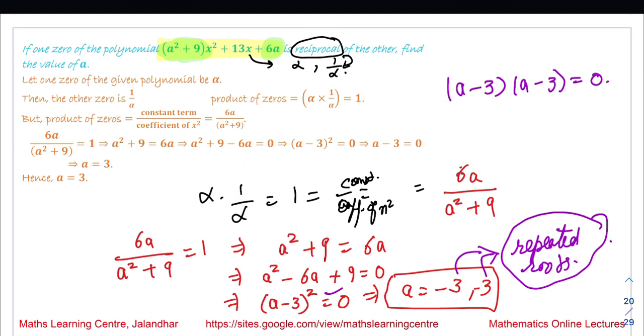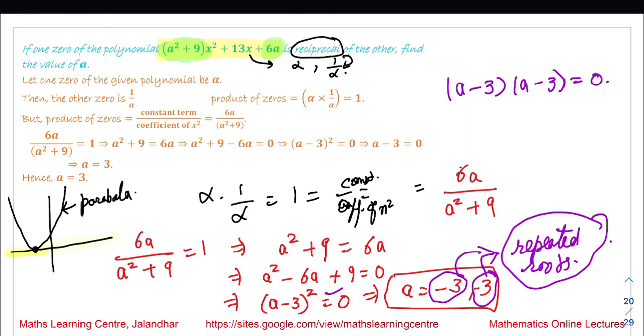So we are saying it is a quadratic polynomial. It has two real roots, and both these roots are -3 and -3. If we look at the graph for such quadratic polynomials, it is something like this: the parabola that we have is just touching the x-axis.